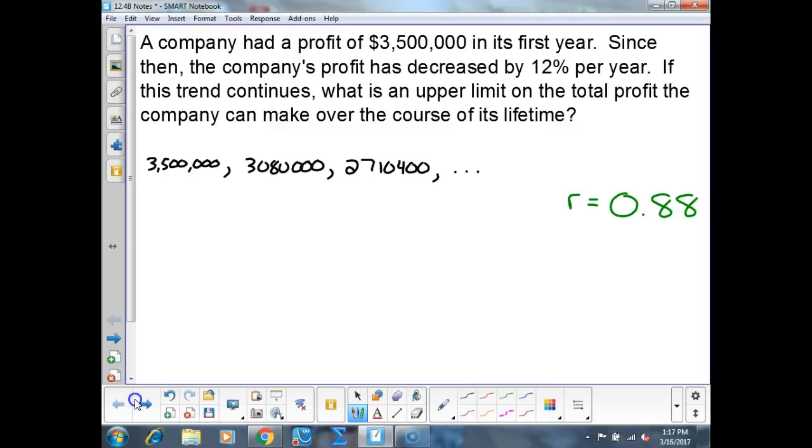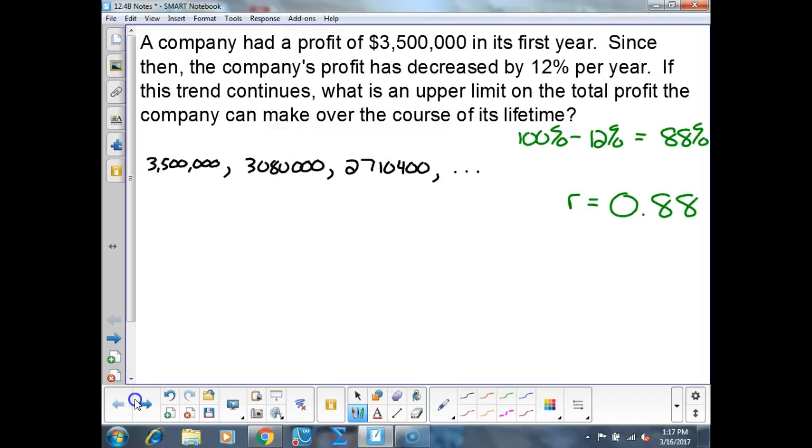One at a time? It's 100%, right? Okay. 1 is 100%. So if I'm losing 12% every year, that leaves me with 88% per year. Okay? What is 88% in decimal form? 0.88. Okay. So, back to our problem.